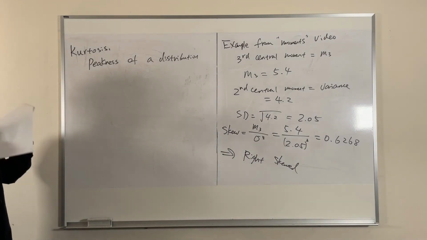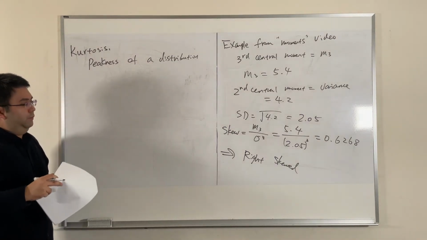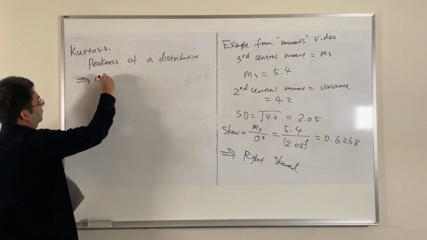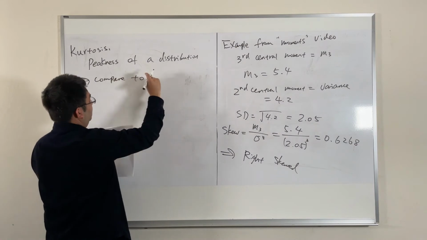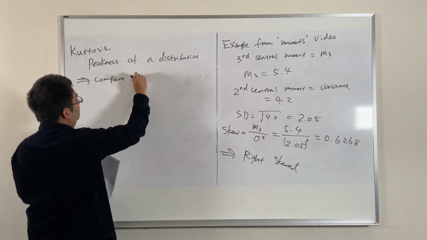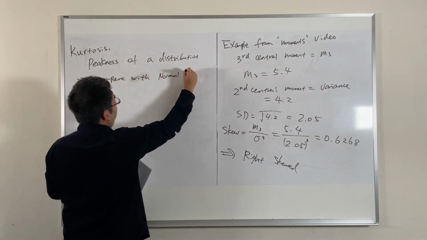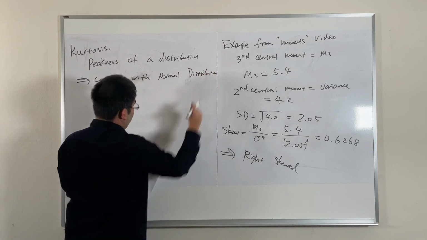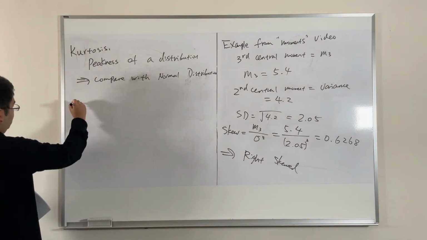When we talk about the peakness of a distribution, we are comparing it to the normal distribution. We're always comparing the distribution we have on hand to the normal distribution. So now let me quickly draw a normal distribution first.